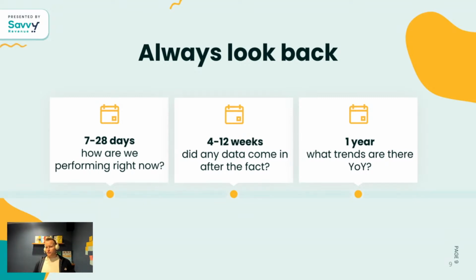You want to look at the last 4 to 12 weeks, and you want to look at the trends year over year. What was the performance last April, last May, last June, last December? Compare month to month so that you actually have some data to review and some trends to look at. The worst thing you can do is just look at the last 7 days and see what is good, what is bad. That's not what we're doing anymore. We used to do it with bidding, but we don't do that anymore.